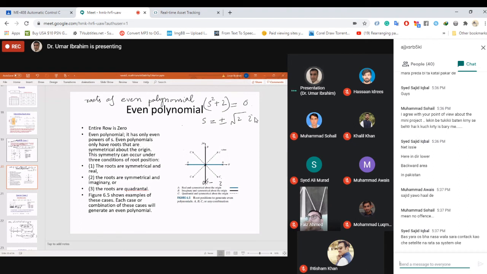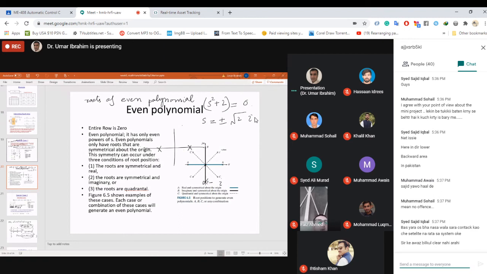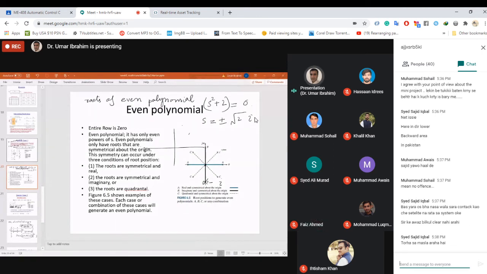For example, if I have an even polynomial with two roots, if I have one root here, then the other root needs to be here. If I have one root here, then the mirror image of this needs to be here.